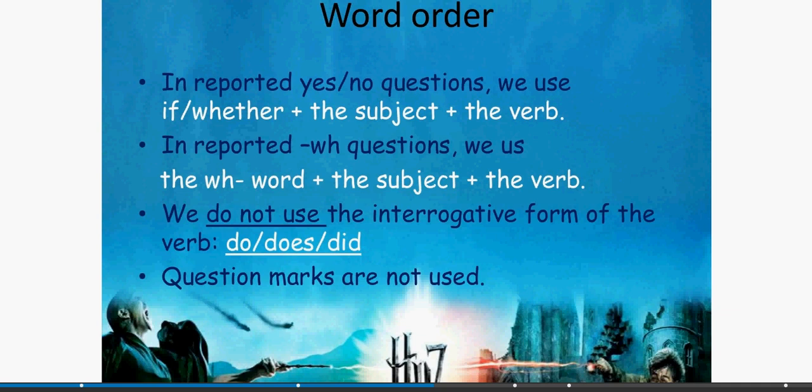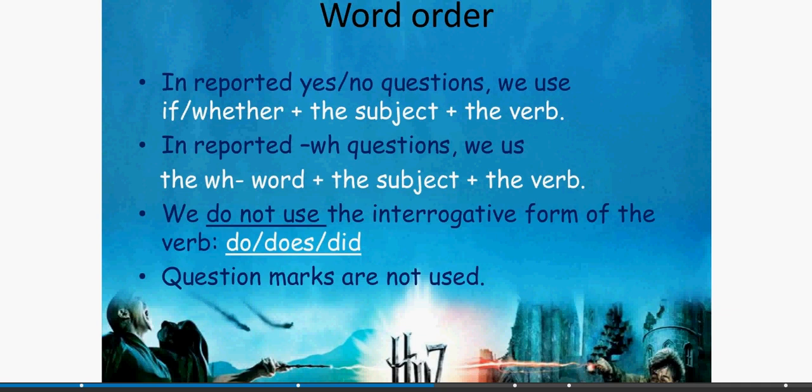Slide number 8. Word order. In reported yes no questions, we use if or whether, the subject plus the verb. In reporting WH questions, we use the WH word plus the subject plus the verb.